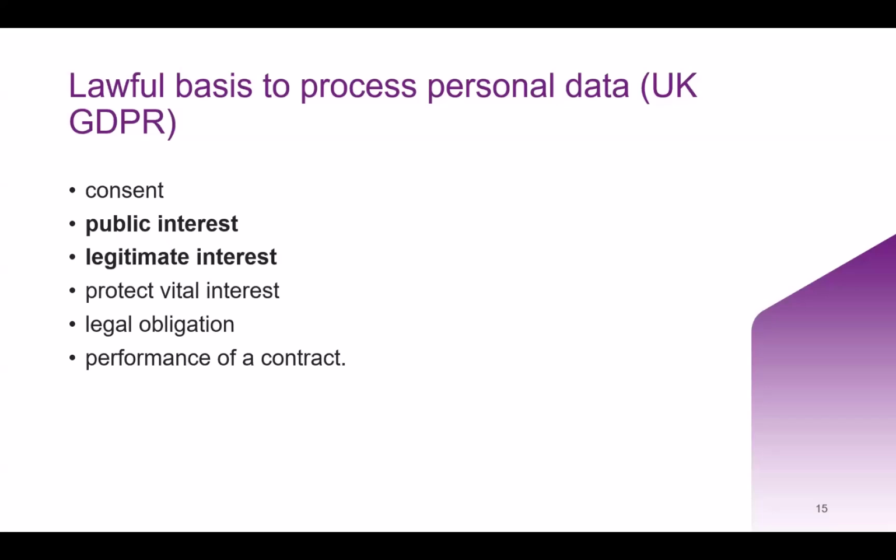So these are the 2 that have been advised by ICO to be used here in the UK. And some of you may be surprised that ICO does not advise using consent as a lawful base. It's public interest for public bodies and legitimate interest for non-public bodies.